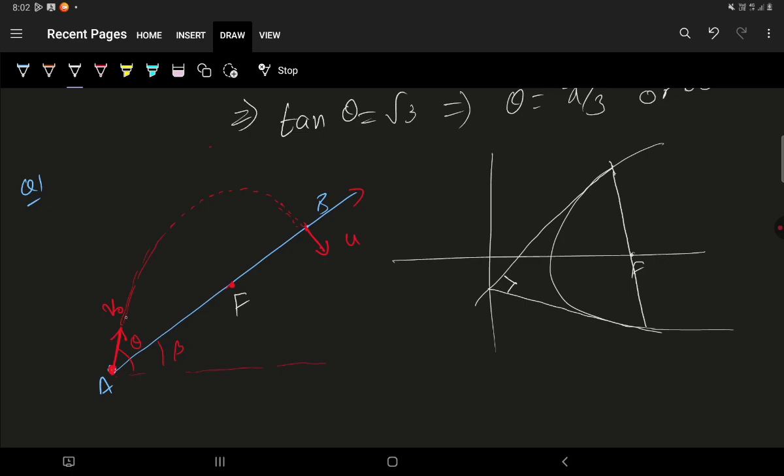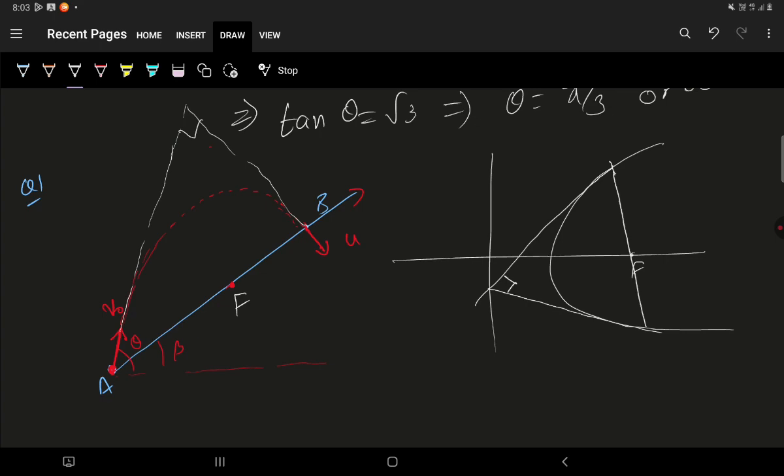This means that the tangents drawn along the u vector and v vector would meet at 90 degrees on the directrix. Hence, the v vector and u vector would be at an angle of 90 degrees when the projectile reaches the maximum range on the incline.